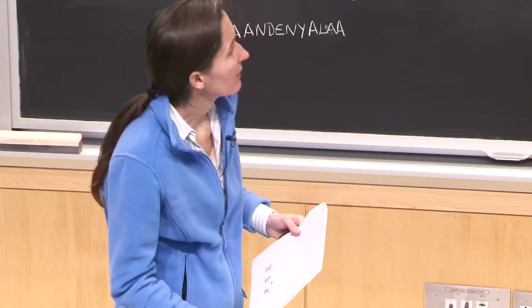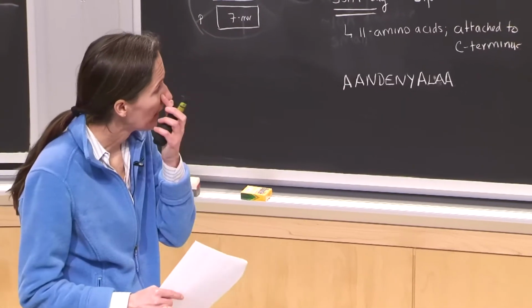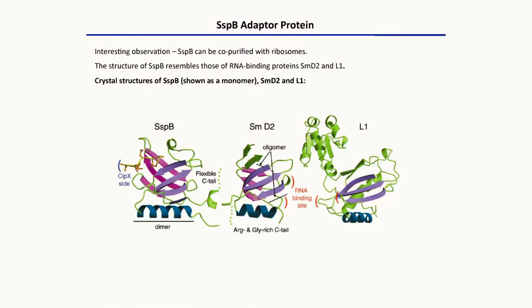So if we just take a quick look at its structure here, what do we see? So here's SSPB, and then here we have structures from ribosomal proteins. And so in SSPB, ClpX binds on this side, and effectively here we look at the ribosomal proteins that bind RNA, and they have these RNA binding sites there. So there's some similarities in terms of the alpha helix, in terms of the beta sheets here.